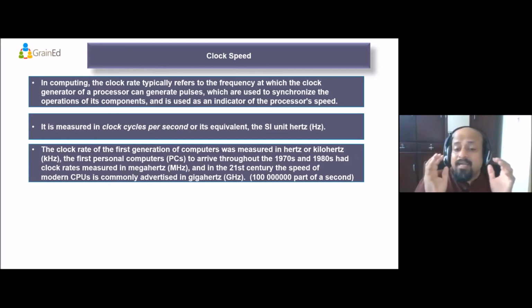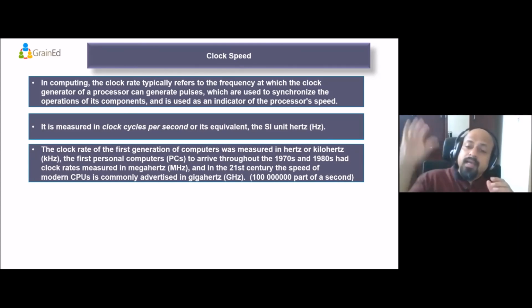So when we talk about 4.0 gigahertz, it is one by a billion. You can see that as 1 followed by 9 zeros, 1 by that many parts of a second. That is the speed we are talking about when we say cycles per second, clock speed. Earlier, with that big computer, it was 200 microseconds.